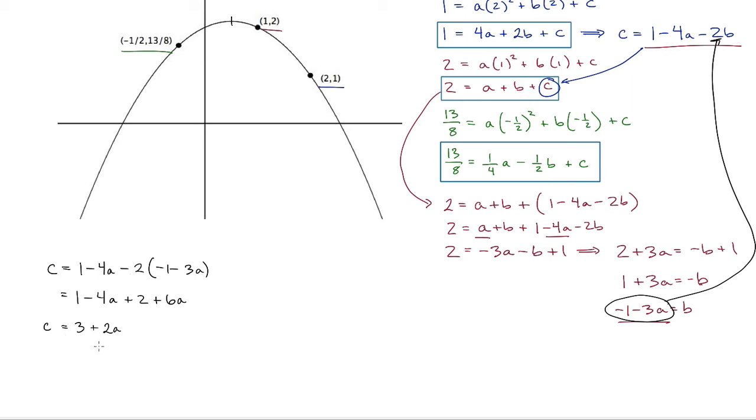And I'm going to plug both of those in to this third equation. So finally, 13/8 equals 1/4 times a minus 1/2 times b, which is -1 minus 3a, plus c, which is 3 plus 2a.